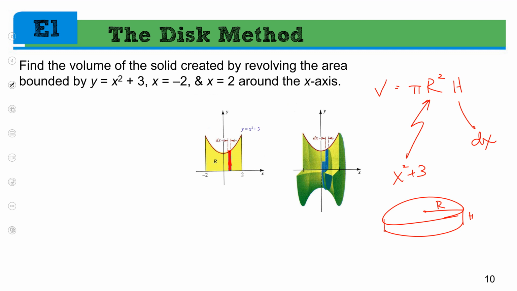Therefore, the volume of one disk would be x squared plus 3 times dx. But I have to square this because it's pi r squared. I need a pi. And I'm going to integrate to add up all those disks from where to where? Negative 2 to 2.